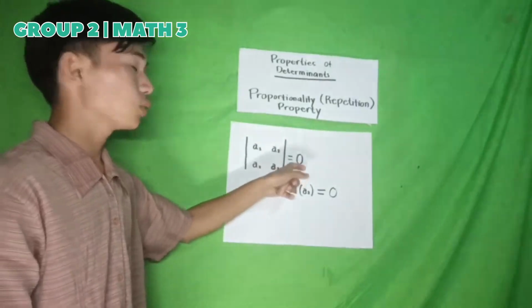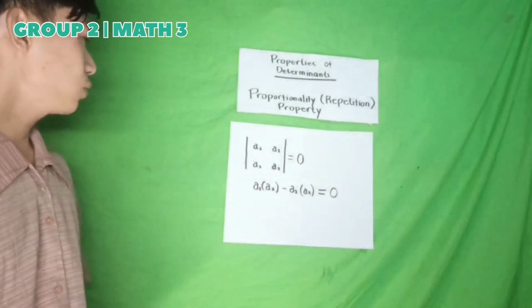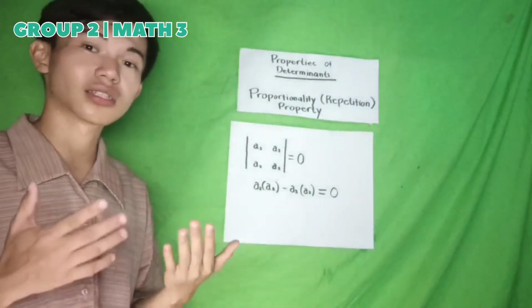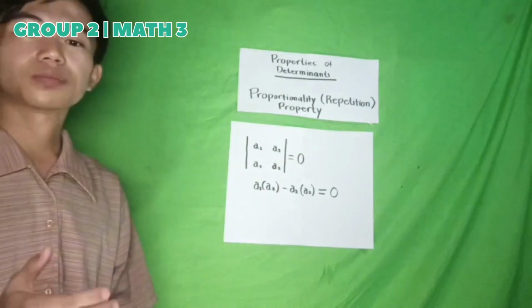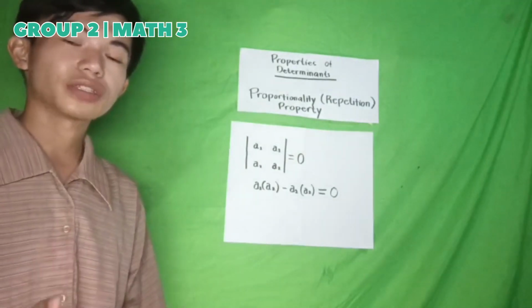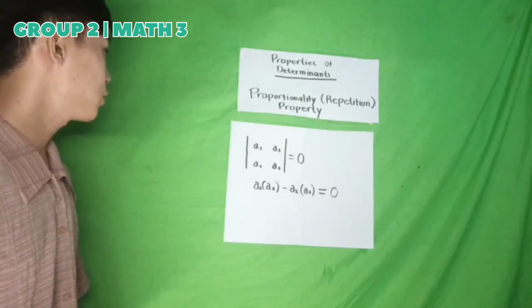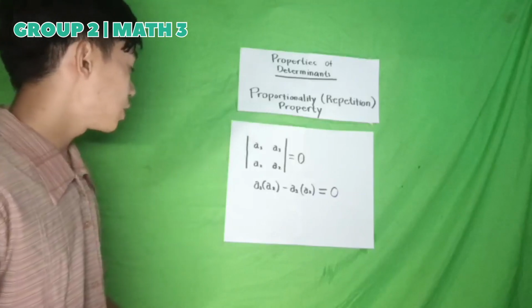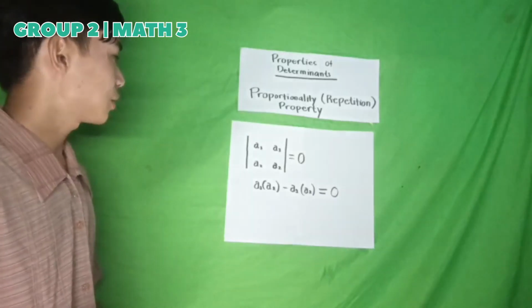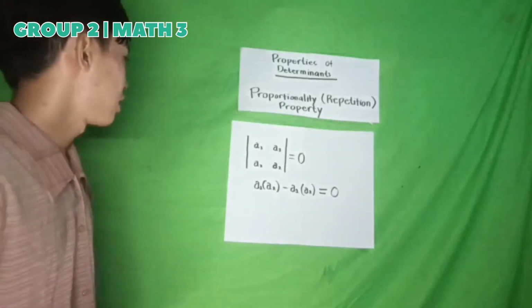That will equate to 0. So how does that equate to 0? In solving the determinants, we need to multiply the elements diagonally and subtract the other diagonal.